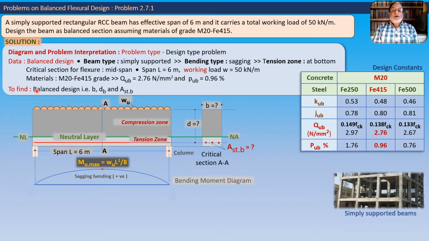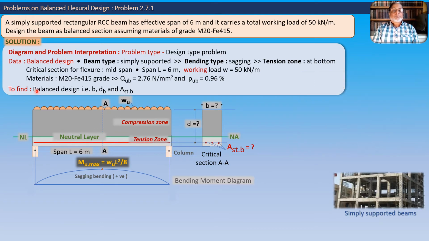As we know, we have to remember the values of this table readily, so that we are not required to spend extra time calculating them while solving the problem. Now this is all the data that we have. We are supposed to find out three things. It is a balanced design.